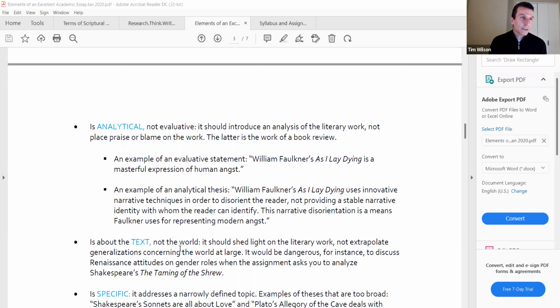So that's how we would distinguish what you need to do in an academic essay on a literary work as opposed to the book club appreciation of a work.